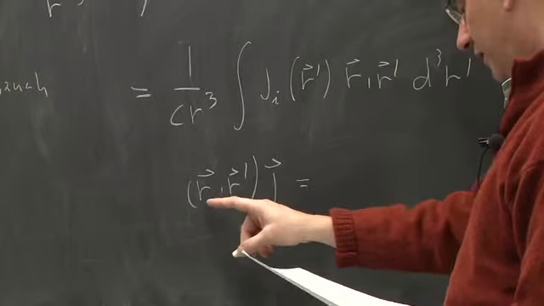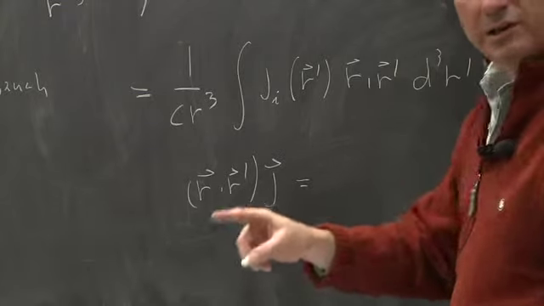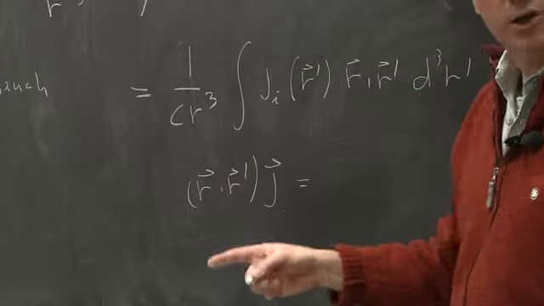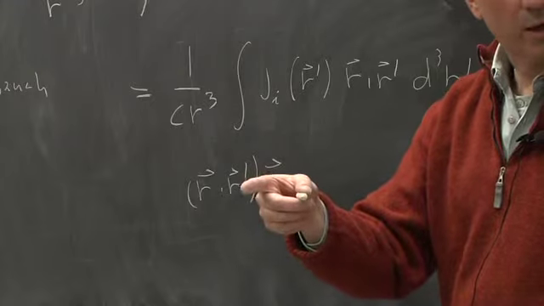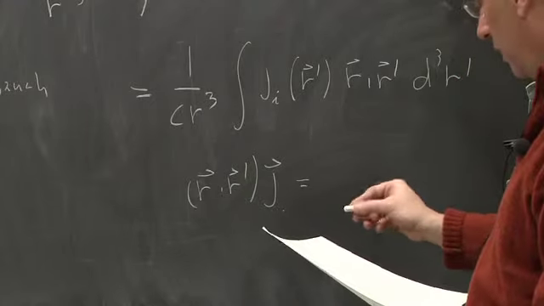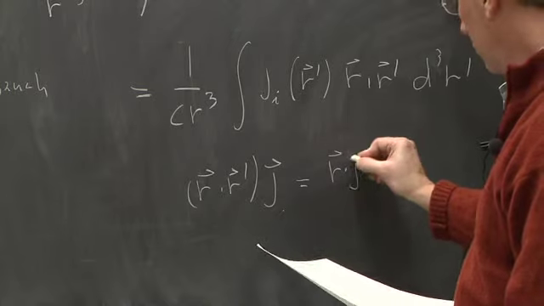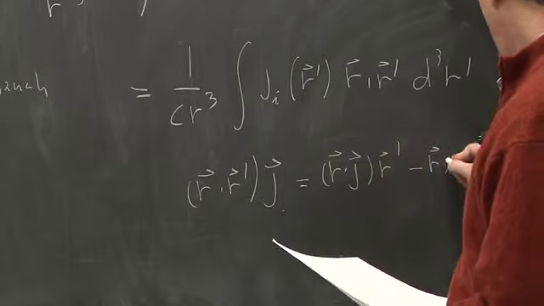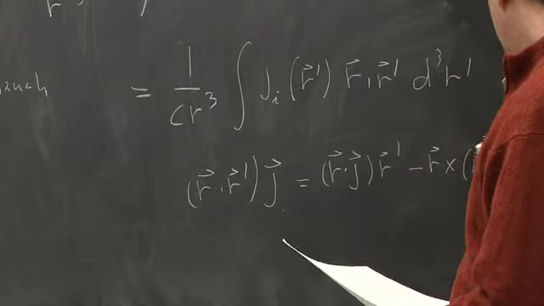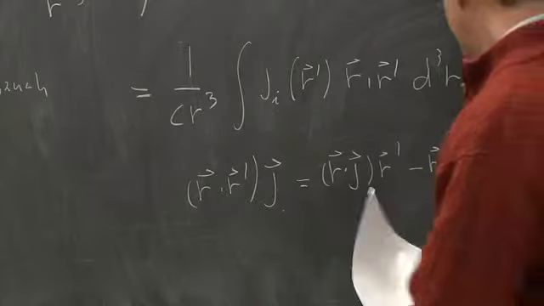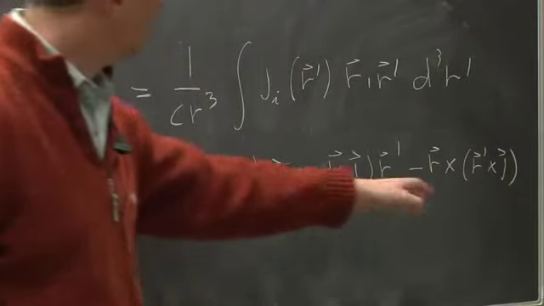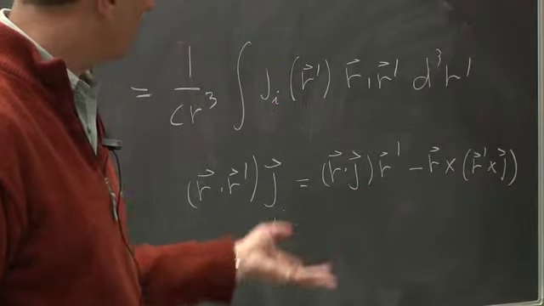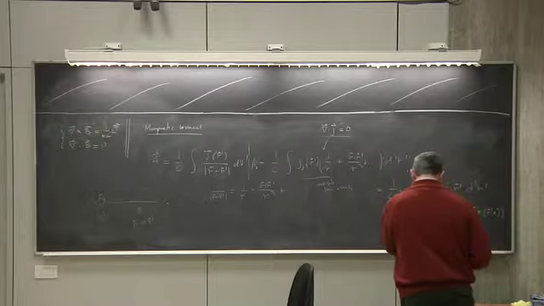So you see, this looks like one of those terms of the triple vector product, right? So let me write it and then you recognize it. This is equal to R dot J times R prime minus the triple vector product of R cross J, right? So I'm writing it the other way around. Usually we expand this in terms of this scalar product, but you can also do it the other way around. And why is this useful?